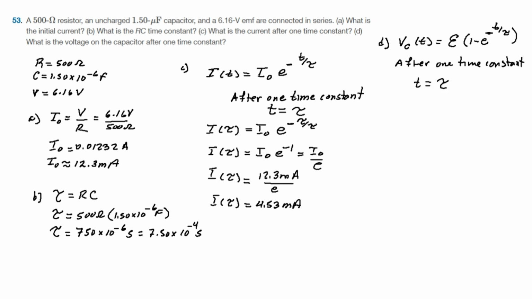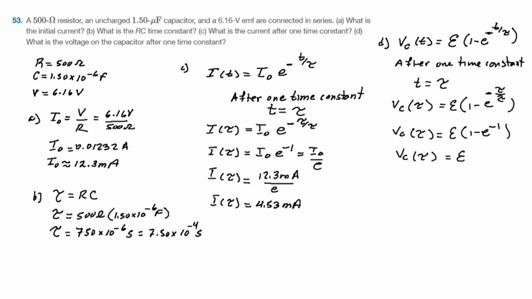So the voltage in the capacitor in one time constant is E times 1 minus e to the power of negative tau over tau again, which is negative 1. V sub C of tau would be E times 1 minus 1 over e.